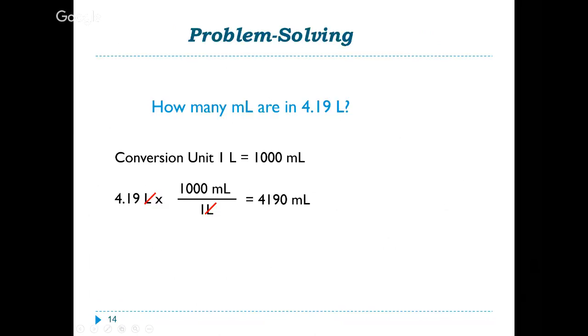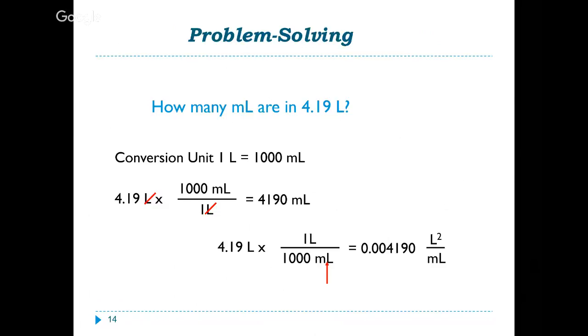This 0 here is ambiguous. We'll talk in a minute about scientific notation. If we wanted to represent this number accurately, we would say 4.19 times 10 to the third milliliters. Now, what if we don't set up our conversion factor correctly? We will notice here that liters and liters are on top.